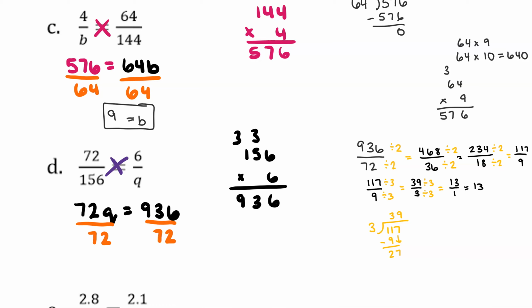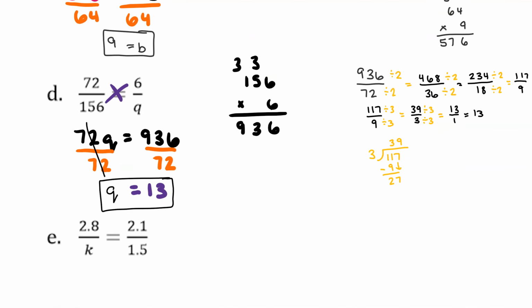So here, we weren't writing a proportion. We were just trying to do division without having to work with large numbers. So 936 divided by 72 makes 13. So Q equals 13.